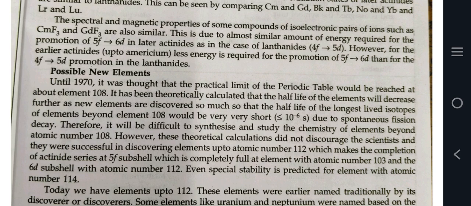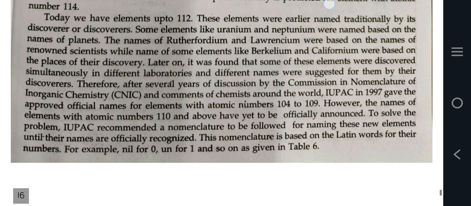However, these theoretical calculations did not discourage the scientists, and they were successful in discovering elements up to atomic number 112, which marks the completion of the 5f subshell, completely full at the element with atomic number 103, and the 6d subshell with atomic number 112. Even special stability is predicted for the element with atomic number 114. Today we have discussed elements up to 112.